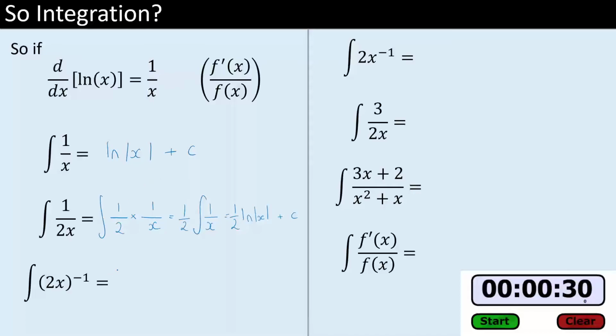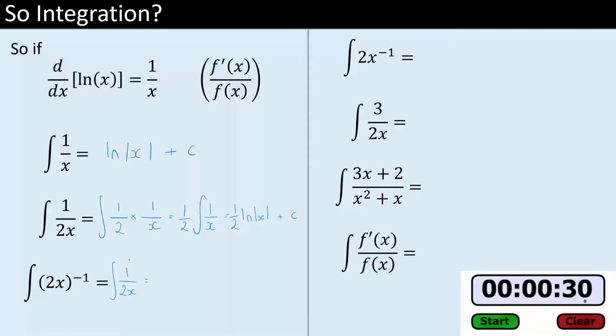So let's do this. The integral of 2x to the power of negative 1. Let's write it as a fraction first. So it's the same question as we were dealing with before. Now, we know that if I differentiate the bottom, in order for it to be a logarithm, I would have to get the top.